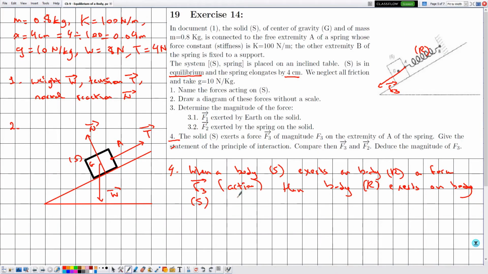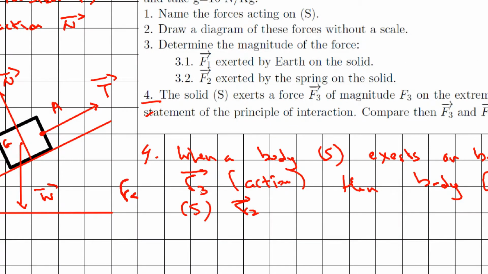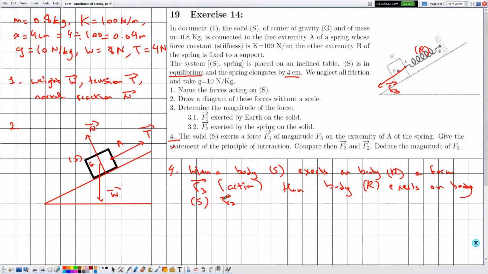Okay, so this is the force F2, and because we have referred to the force of S on R as the force F3, we didn't use the notation F S on R. So here we are not going to use the notation F R on S, however we are going to use the notation F2, and this is said to be the reaction. So this is the statement of the principle of interaction.